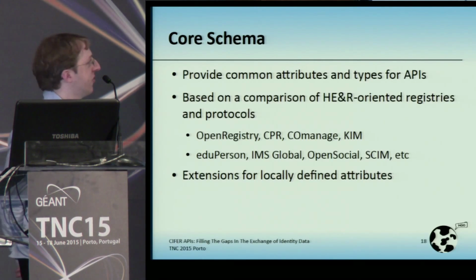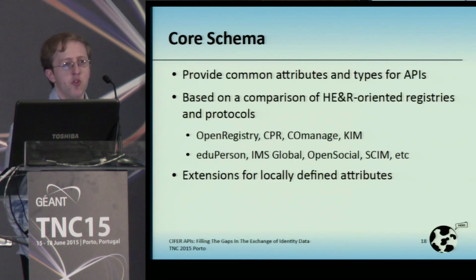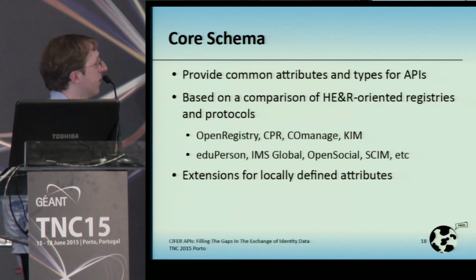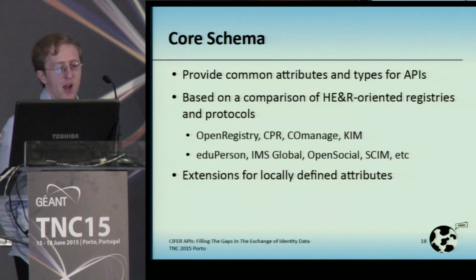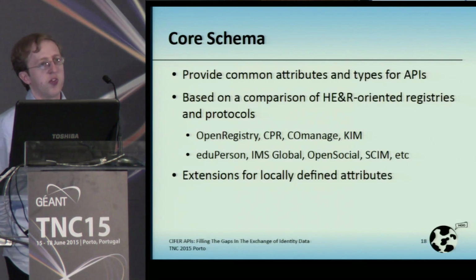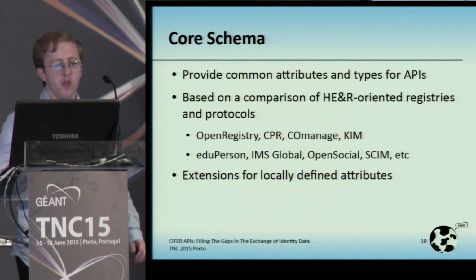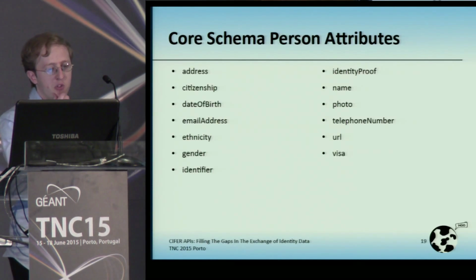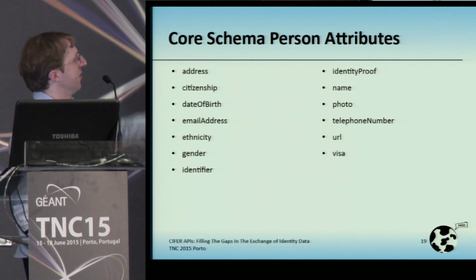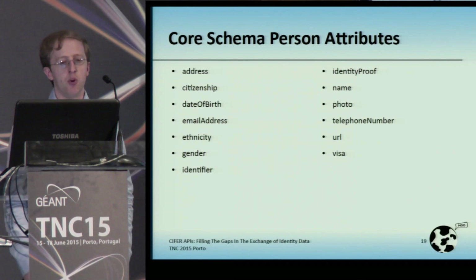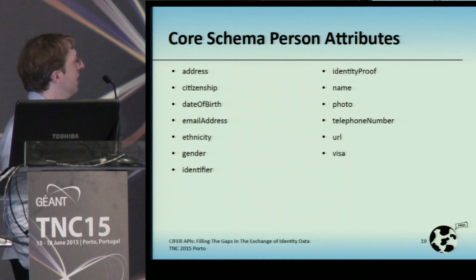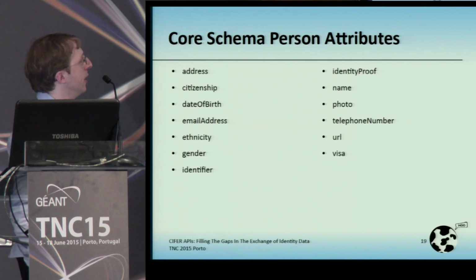We looked at various standards and protocols that existed, EduPerson, which we all know and love, but some other things as well, including OpenSocial and some other higher ed specific schema definitions. And we came up with a mapping of the sorts of things we needed to actually define, but we realized that's still not going to cover every use case, so we still need to allow provisions for locally defined attributes. The core schema comes with things that you expect, right? So person-level attributes like address and gender and photo and name and telephone number.